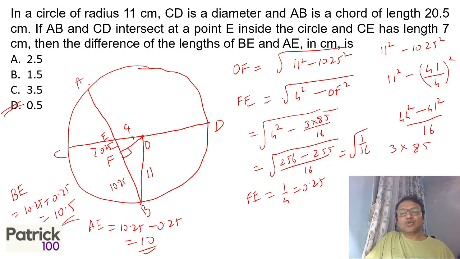A little more calculation. You can use a calculator for 44 square minus 41 square, which is a little tedious, or there could be a faster technique. But this is the idea: draw a perpendicular from the center to the chord. Whenever there's a chord, you automatically form a right angle triangle. From there you get the height, and from there you can find FE, which gives you the answer.